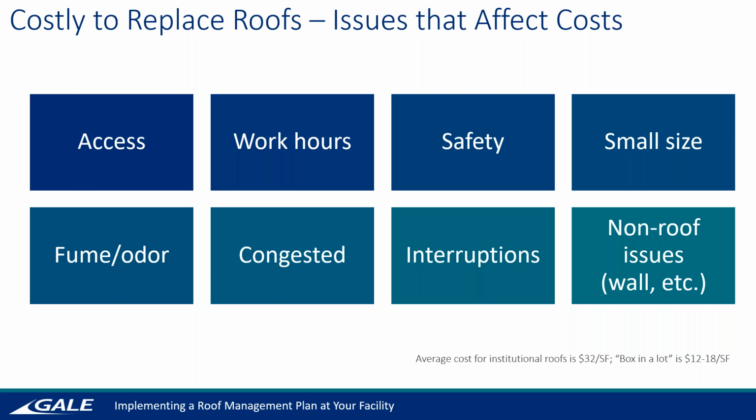So the chemicals or the material that's being used and the proximity of where that roof is being redone, congested, meaning the roof areas, how congested they are, the working conditions, interruptions that can occur throughout the construction, or even non-roof issues and walls. And again, we'll get into that a little bit more.